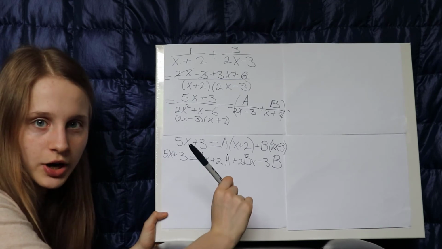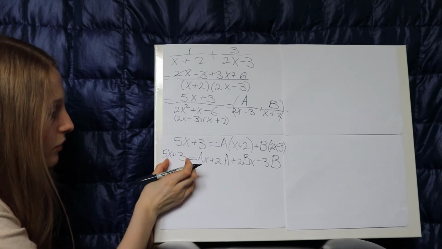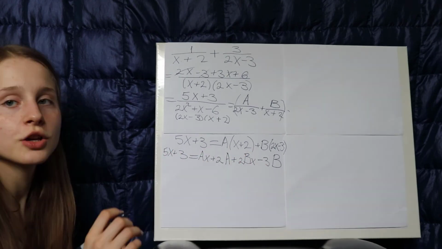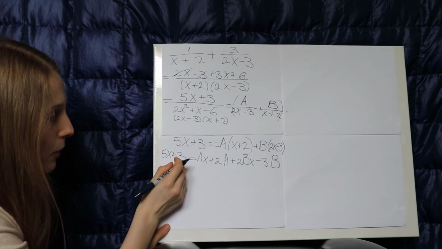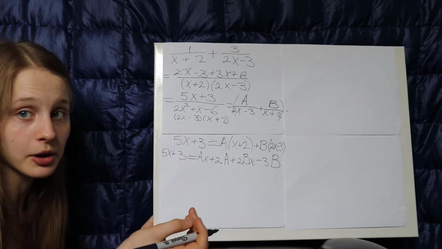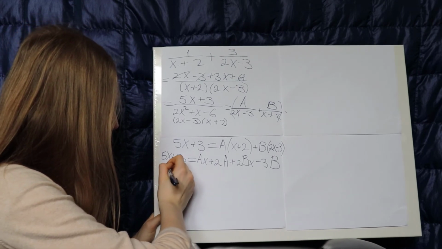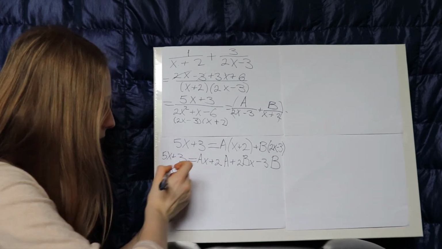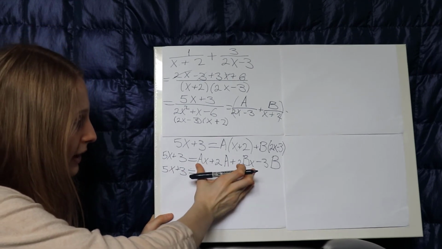So now here's the trick. We want to get this kind of formation on this side. So we want something times x plus a number without x, or in this case we would have variables. So here we go. 5x plus 3, this is the same, equals, and now look, we can factor out the x.